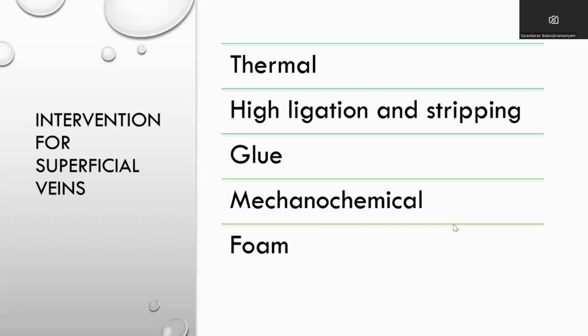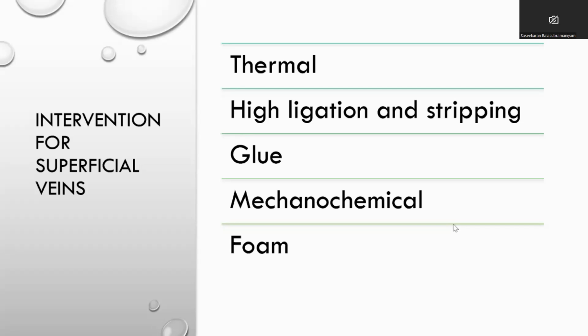And glue is available. I'm not used to the glue. Mechanochemical is also one of the methods, but it is, I would say, not freely available in our country. Having said these things, there is high ligation and stripping.